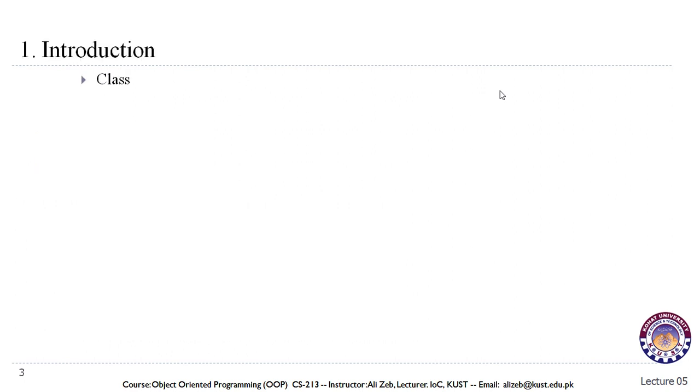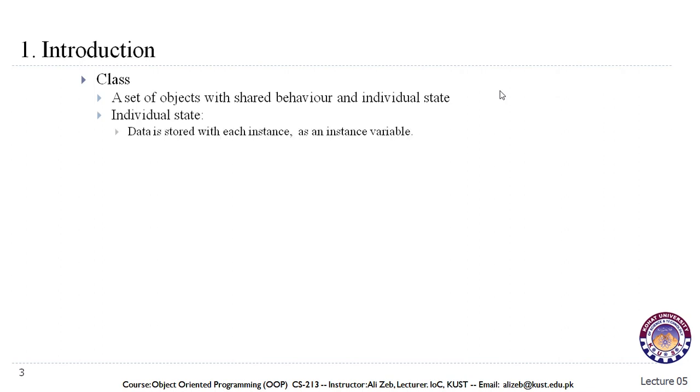So a class basically is a set of objects with a shared behavior and individual state. And we understand that the state of a class is usually shown by the variables that we call the instance variables associated with the class. It can be called the data of the class, or the instance variables of the class.